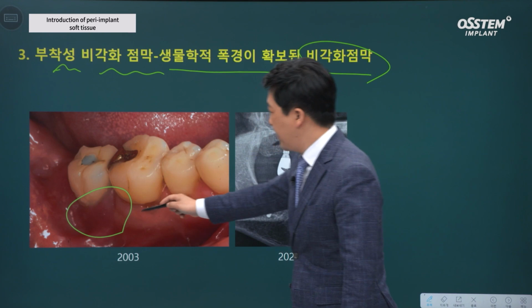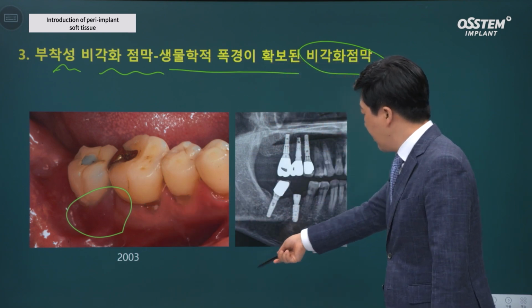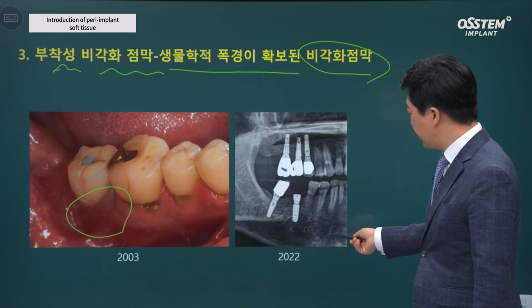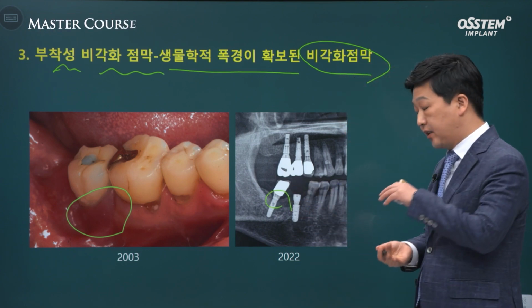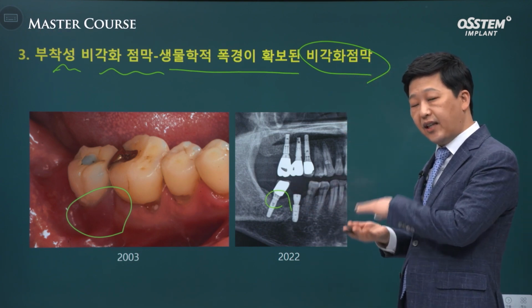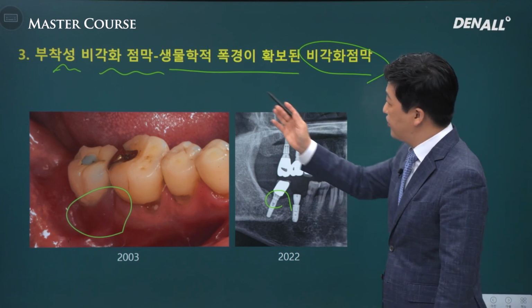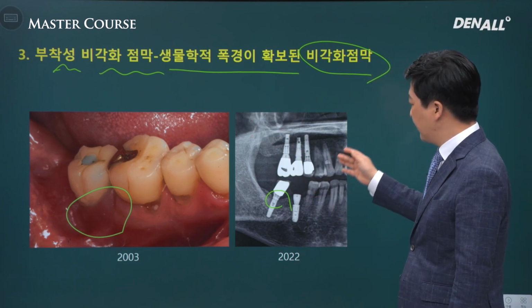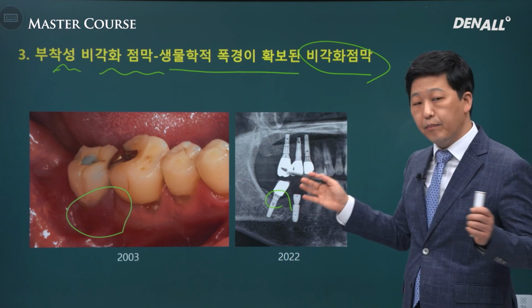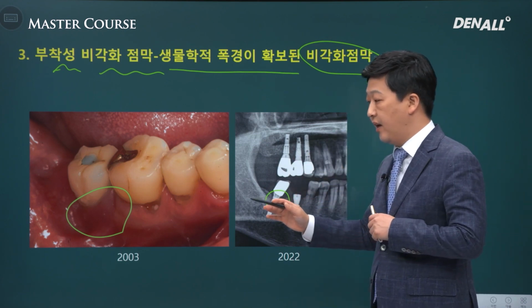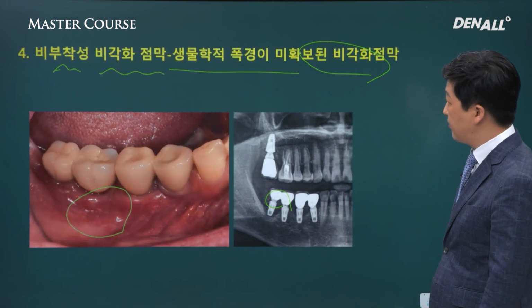There's no keratinized tissue. It's all non-keratinized tissue. However, although 19 years have elapsed, you can see that the bone height is stably maintained. This is a typical case of attached non-keratinized mucosa. In this case, although there is no keratinized mucosa, the prognosis is very stable.